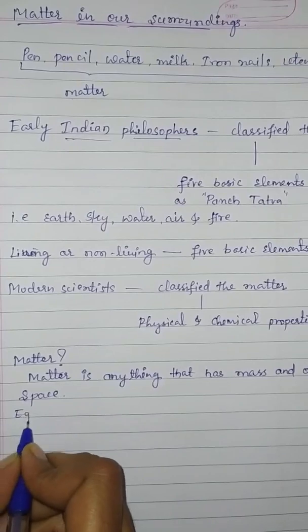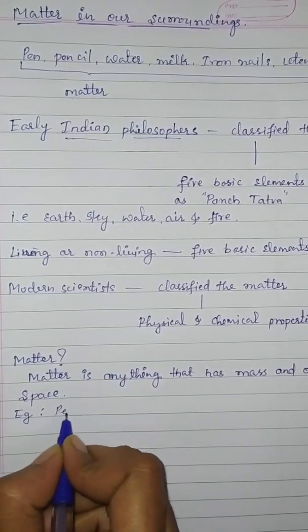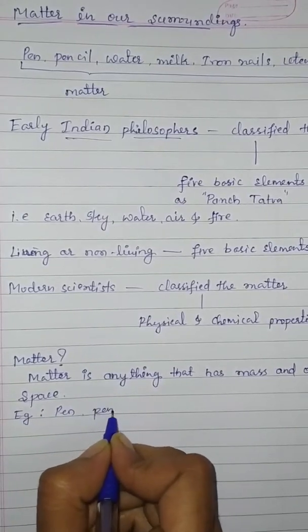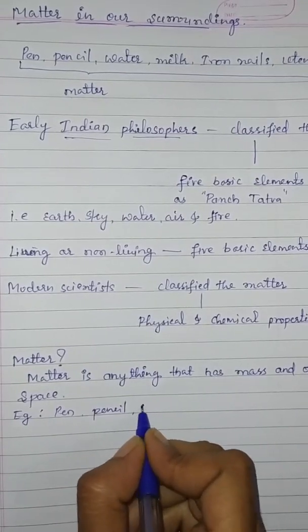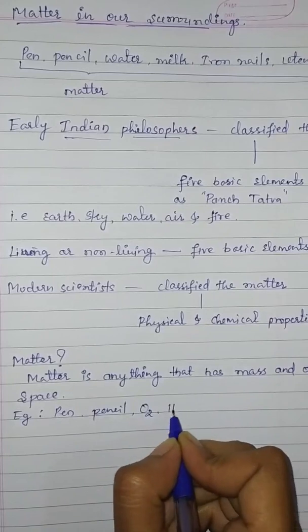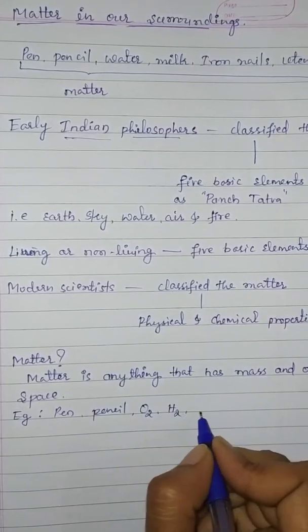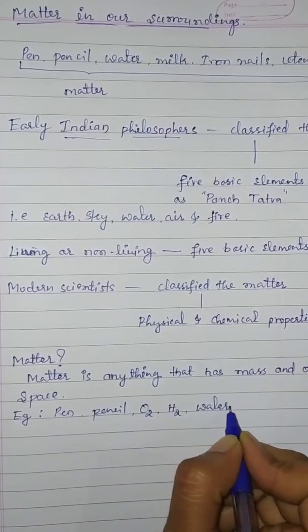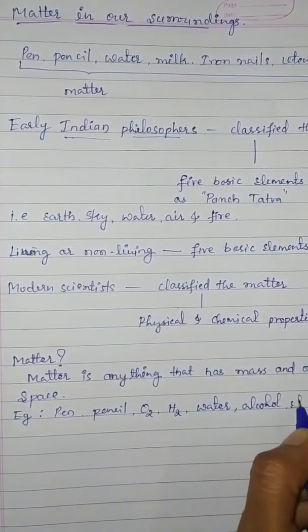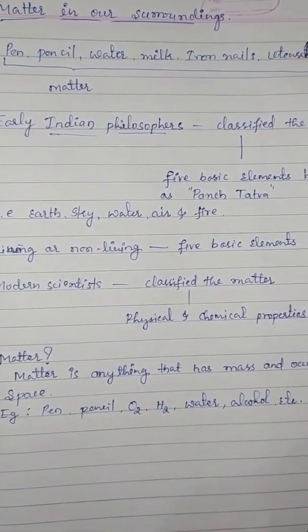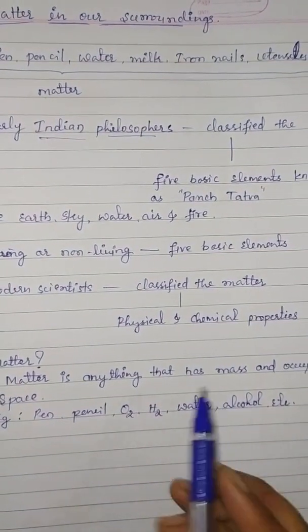Examples for matter we can give: pen, pencil, oxygen gas, hydrogen gas, water, alcohol, etc.